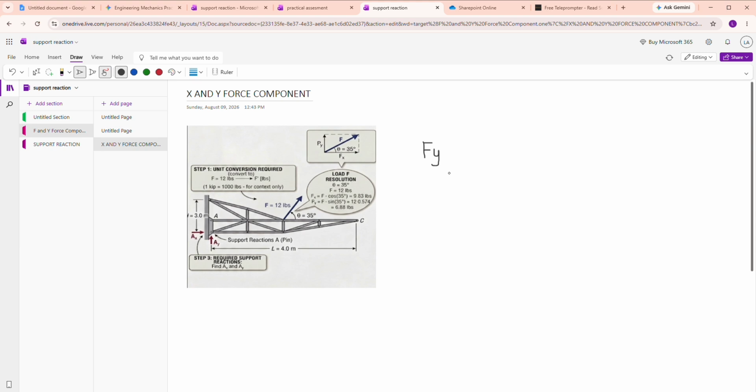Fy equals F multiplied again by sin 35 degrees.